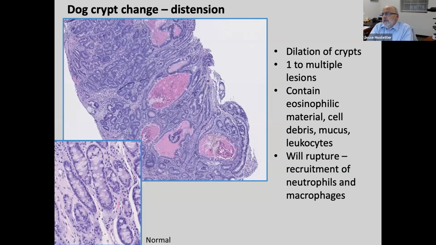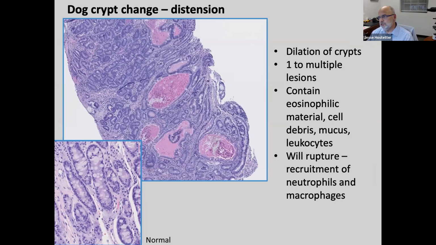All right. I alluded to crypt change. Normally, the crypt, again, should really not have much of a space at all. You can see the crypts in this section are very dilated. They're almost cystic, and they are filled with eosinophilic fluid and then debris from degenerate leukocytes. You'll hear this called crypt abscesses.